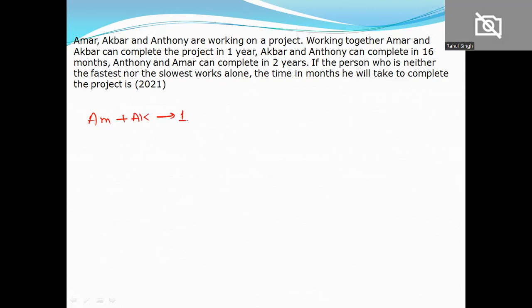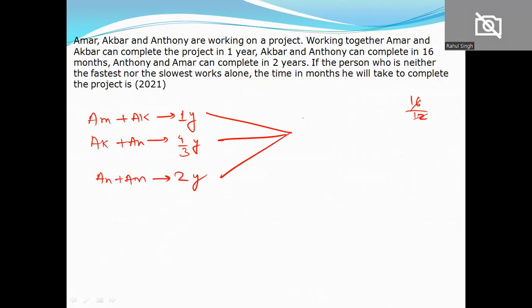They both are taking 1 year. Akbar and Anthony, they're taking 16 months. Now if we convert 16 months into years, how much will it be? 4/3 years. Anthony and Amar, they're taking 2 years to complete. If we take the LCM of these, we will get 4. So Amar and Akbar will be 4 units a year. Akbar and Anthony will be 3 units a year. Anthony and Amar will be 2 units a year.